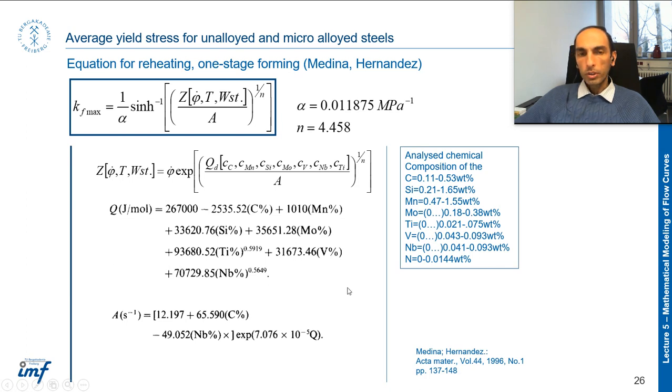So this model can provide the flow stress for different alloying steels. But of course the range of the alloying steels is limited, and I don't know how accurate the model is.